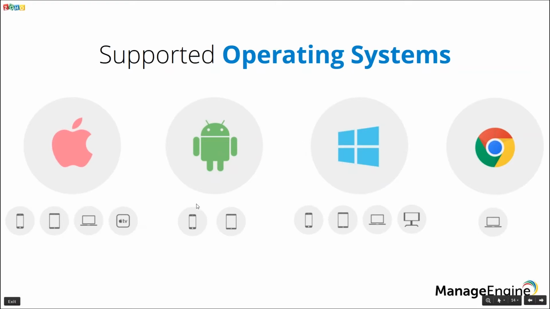Likewise, for Android, it would be Android phones and tablets. We also support Android TVs under this operating system. Likewise, for Windows: Windows Phone, Windows Tablet, Windows Laptop, and Surface, and Chromebooks. So these are the devices and operating systems supported under the MDM module.